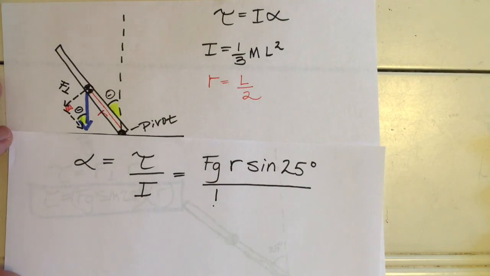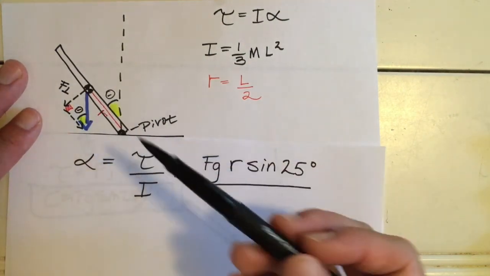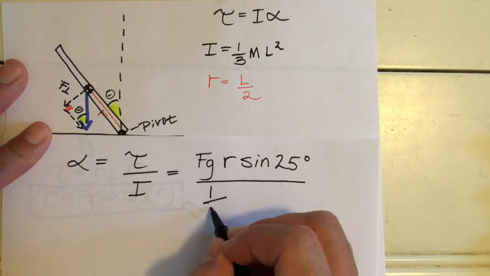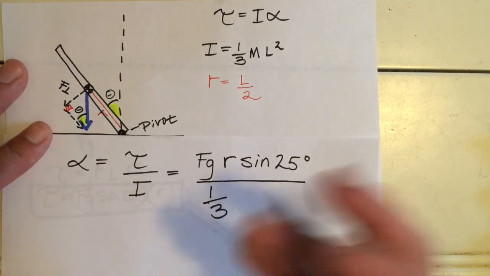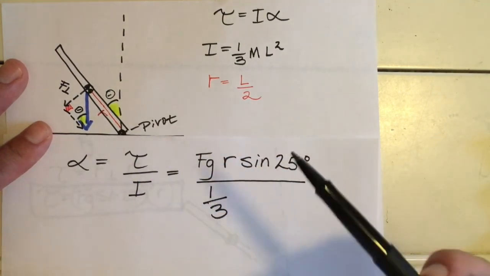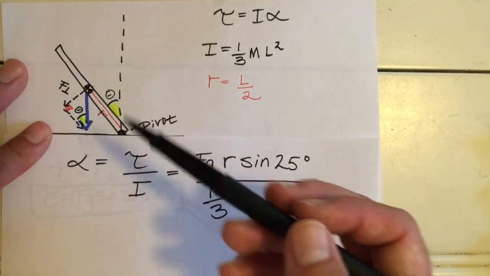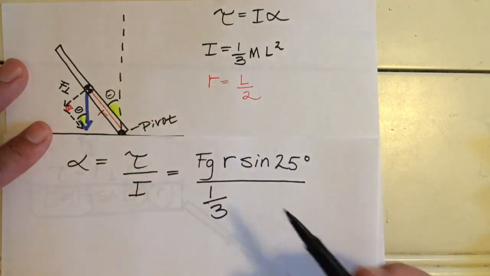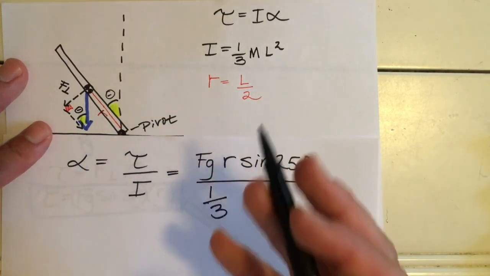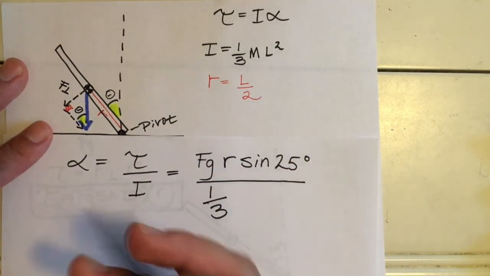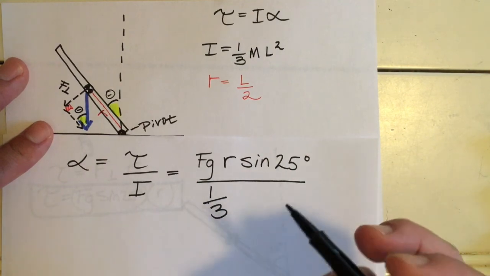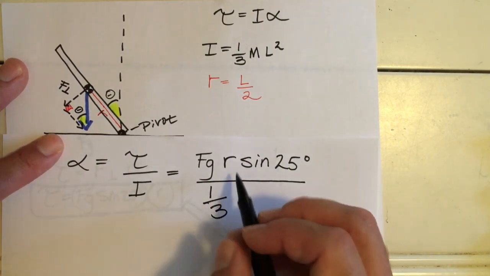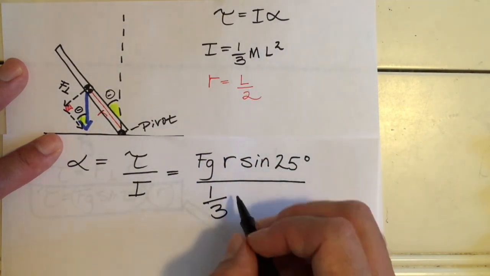This is an extended object. That's probably the best way to think of it. On the AP test, they will tell you extended object, and that's a red flag to use a moment of inertia formula, or to consider the mass acting at different points and add up the different moments of inertia using mr squared. Anyways, 1/3 ml squared.